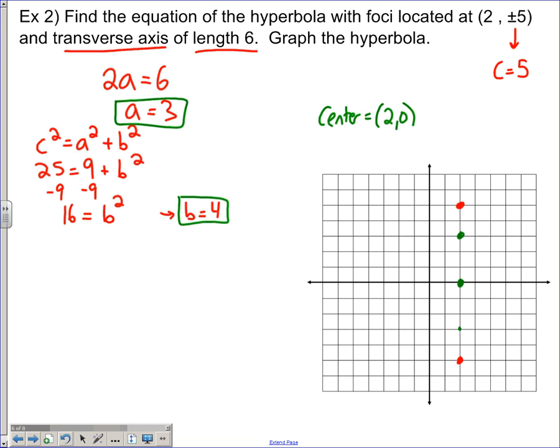Our other a value down 3. There's our other vertex. Our b values go 4 over to the left and right. We're going to make our little dotted rectangle, our AB box. And we can create our asymptotes by connecting the corners at a diagonal.